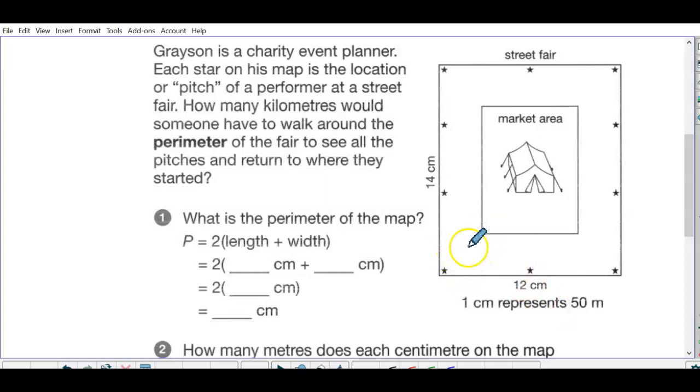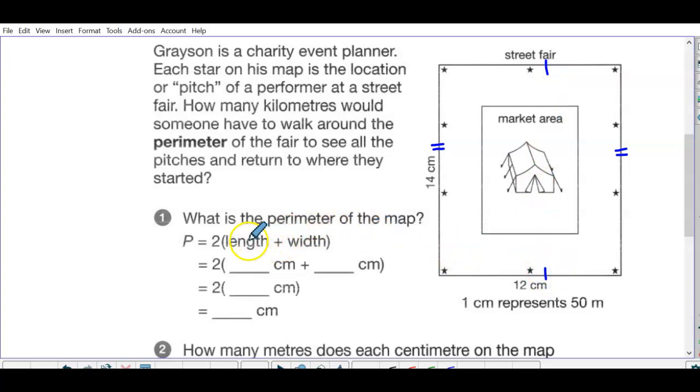Remember, for a rectangle, you can add up all the sides separately, or you know that you have 2 of the same. 14 centimeters is the same here and here. Sometimes we use a single dash or a double dash. Here I'll use a single dash. Those are the same.